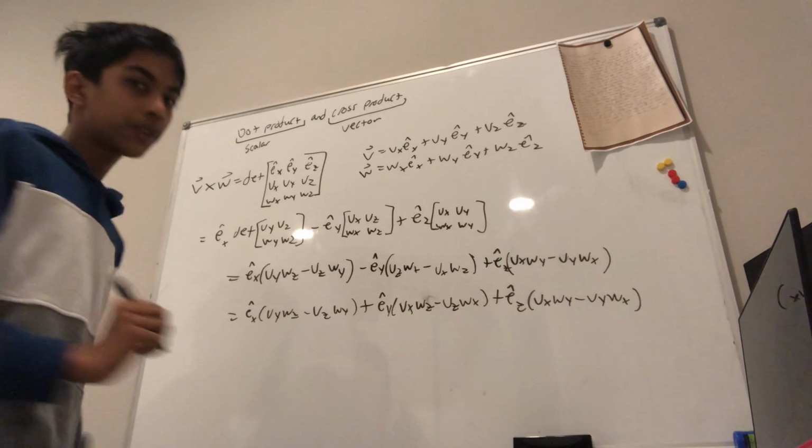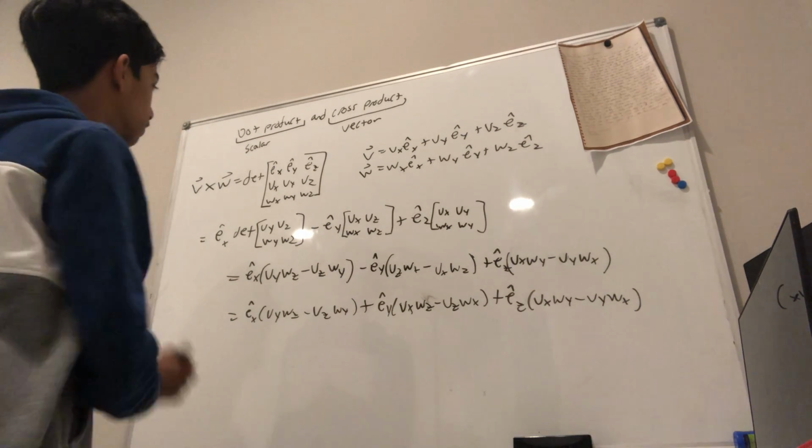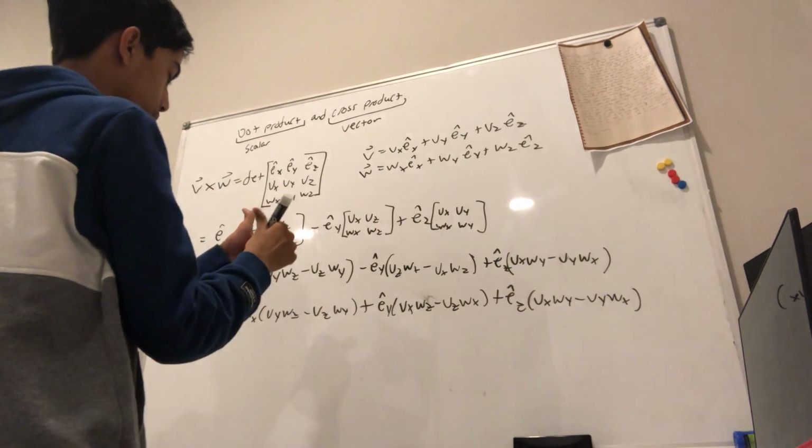And there we have it. This is our vector, which is defined using the determinant derivation of the cross product.